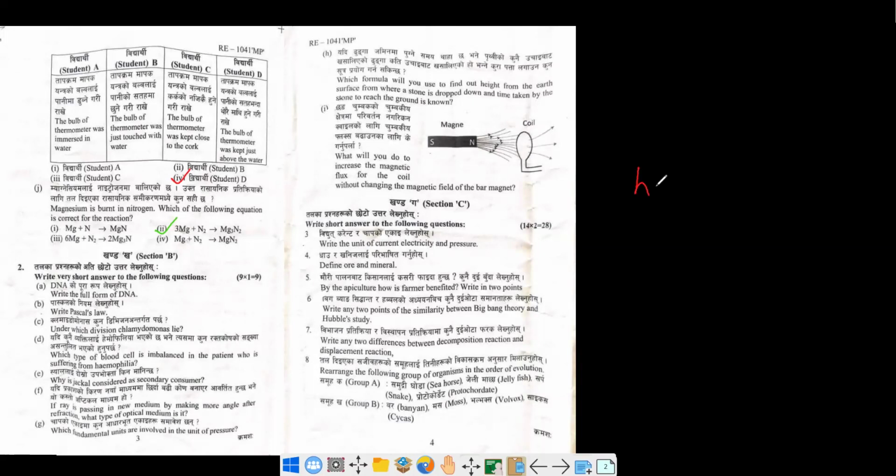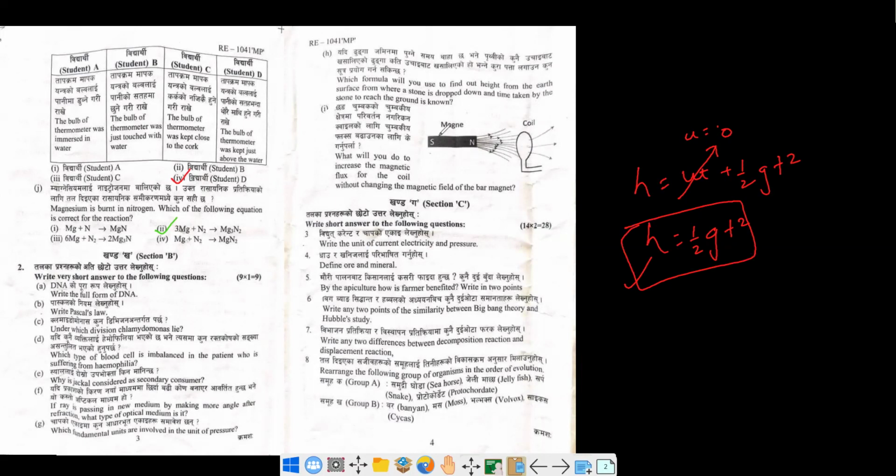So it is s equal to ut plus 1 by 2 gt square, and actually if it is dropped, then initial velocity is 0, so your formula is going to be half gt square. So g will be known and time will be known, so you can easily calculate. So you can simply write down this formula. Okay, let's see the last one.